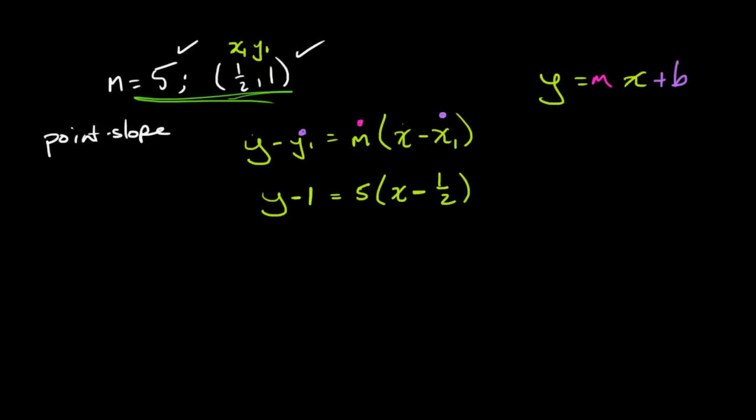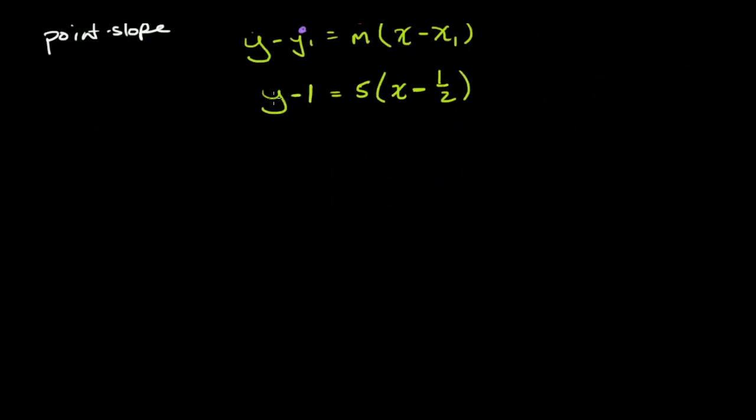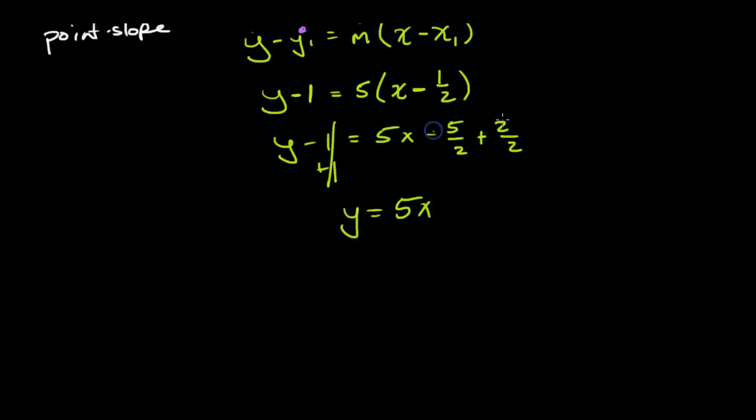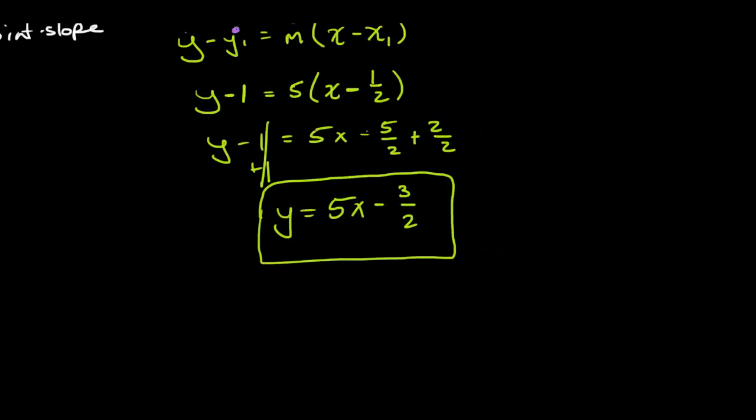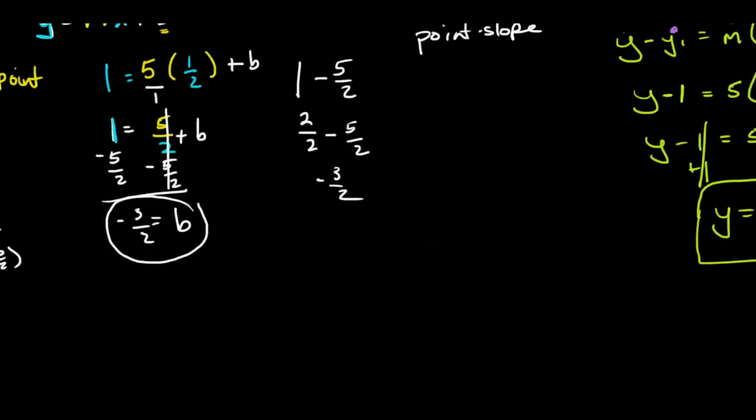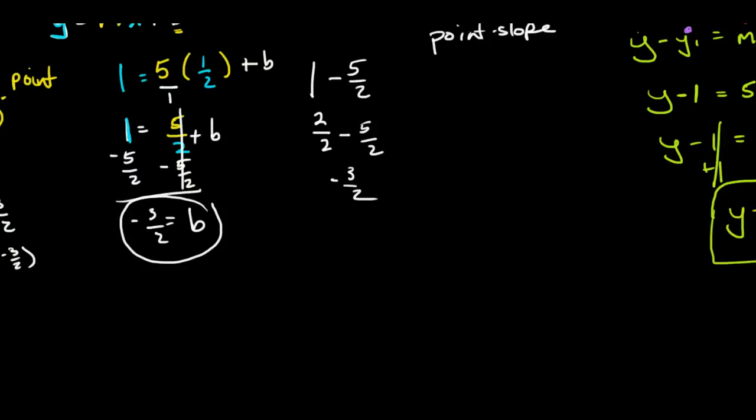And here's where it gets really simple. Since we have everything laid out in front of us, all we need to do is simplify and solve, as we have been doing all along. Now all I need to do is add 1 to both sides, add 2/2 to both sides, and I will get that y is 5x minus 5/2 plus 2/2, which is minus 3/2. Notice I got my equation at the end of my solving, versus having to solve for a variable and then substitute it back into the equation.